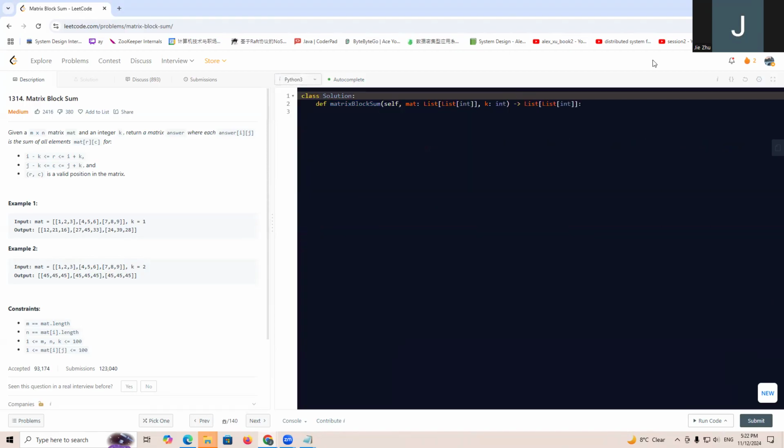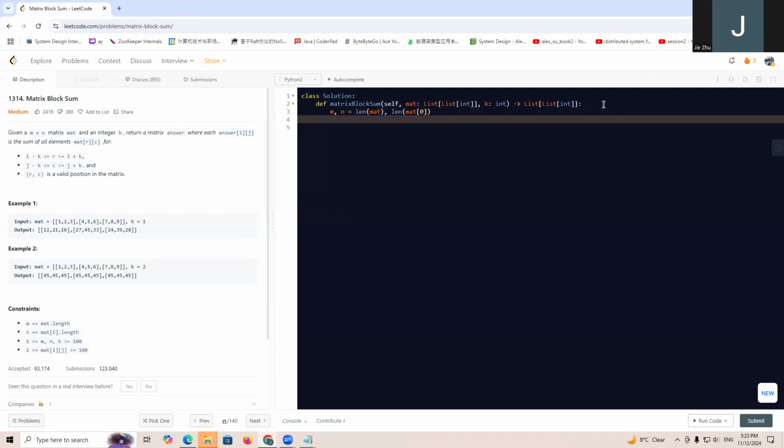Also, writing the Python code will be very similar. m equals length of mat and n equals length of mat[0]. Our prefix sum equals a two-dimensional array of zeros, n plus 1 wide, for underscore in range m plus 1.